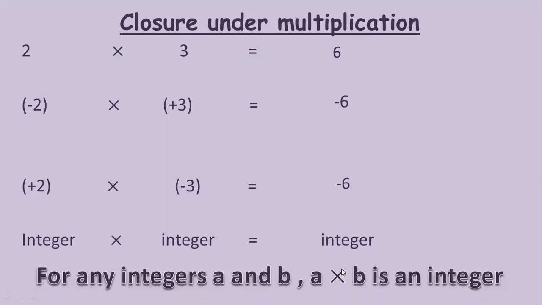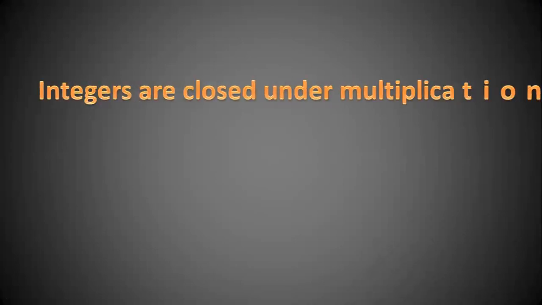So for any integers a and b, a into b is an integer. This property is called closure property under multiplication. So integers are closed under multiplication.